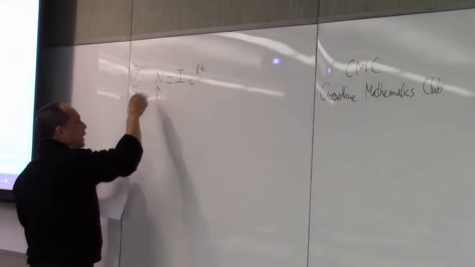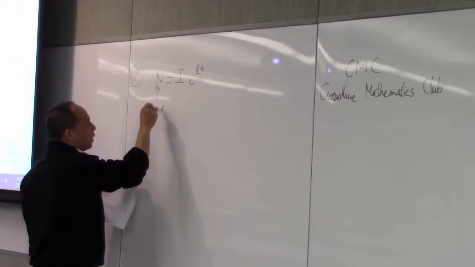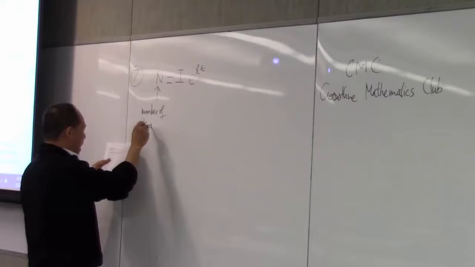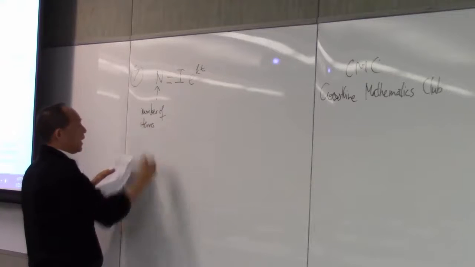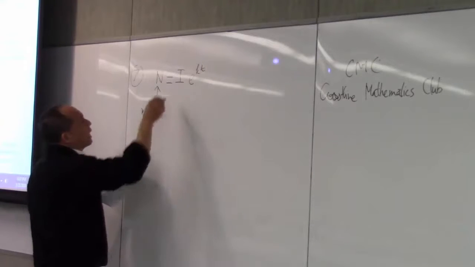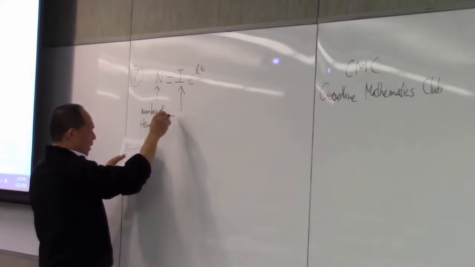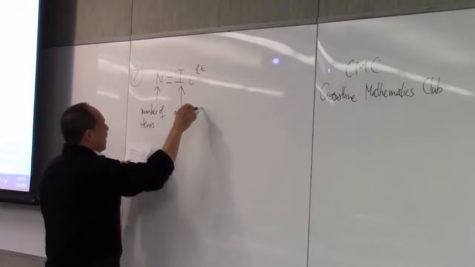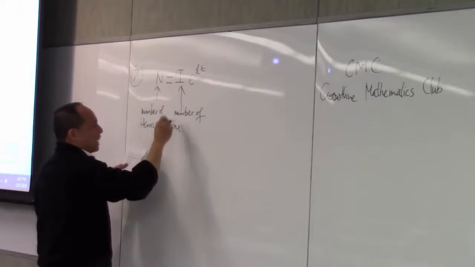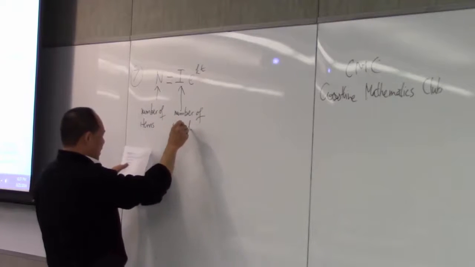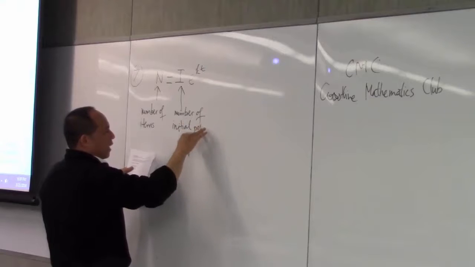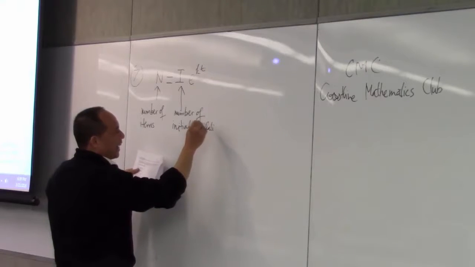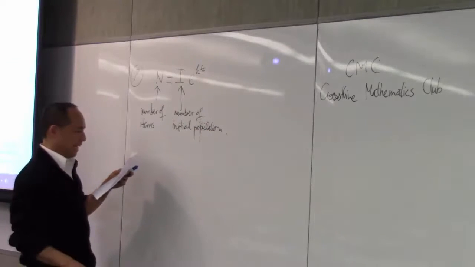Number of items. Okay, in terms of that, I represent the initial population.